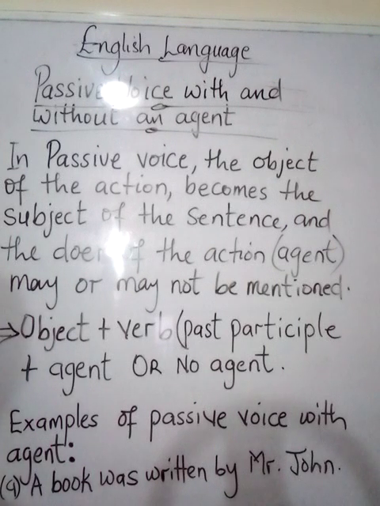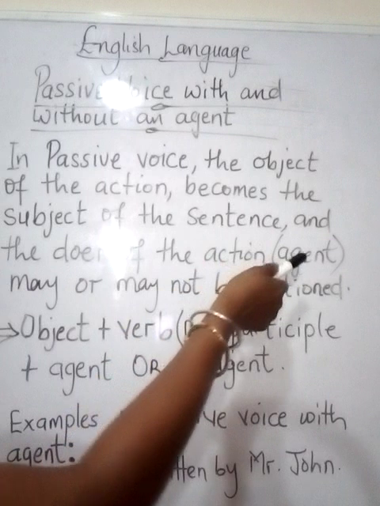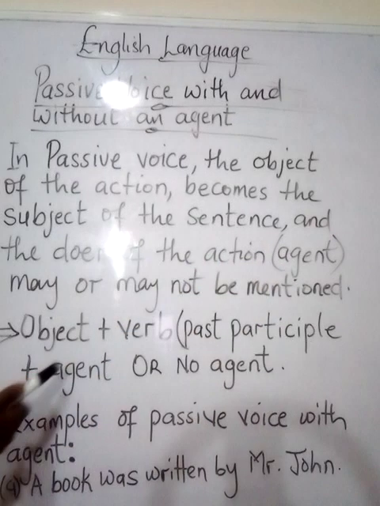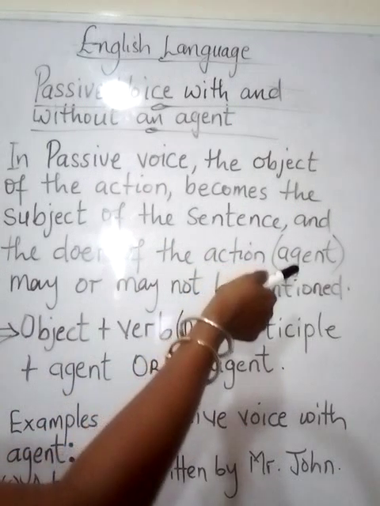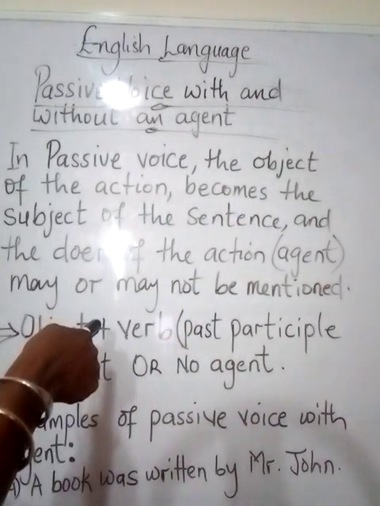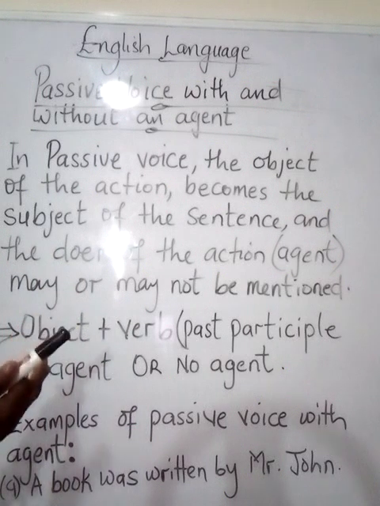In passive voice, an agent can be included, or it can be left out. By the way, the agent means the doer of the action. It's the same thing as the subject.